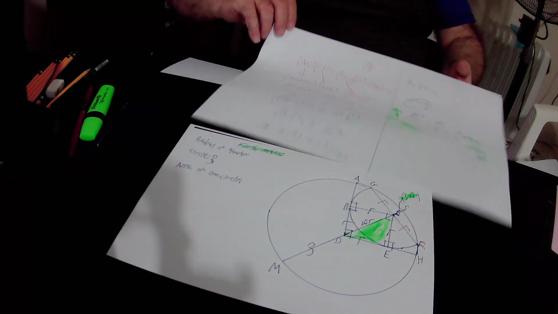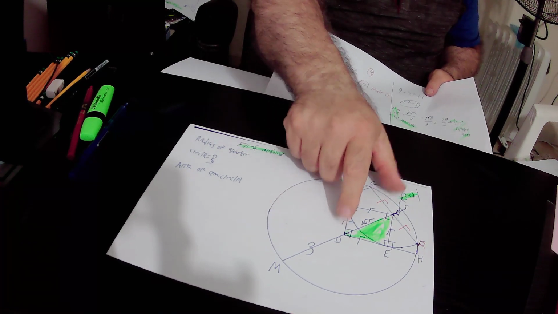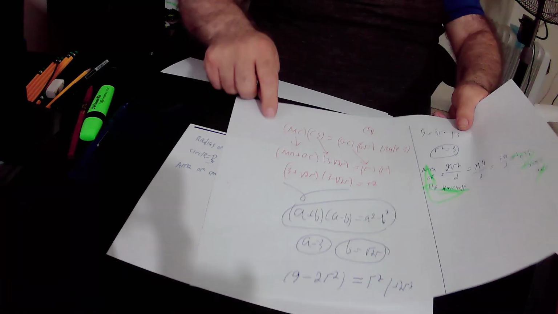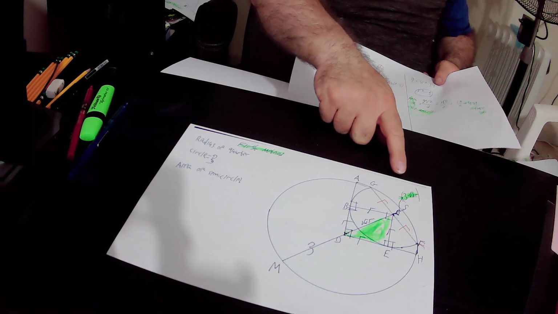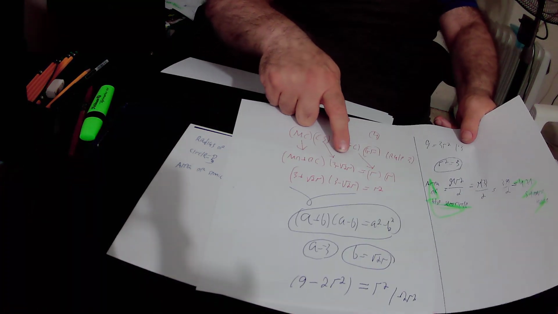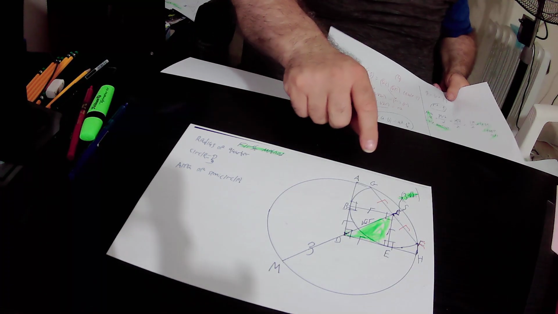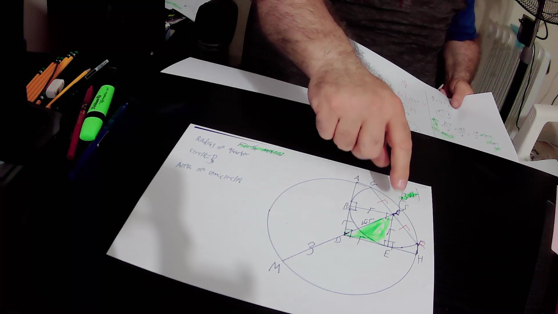Here, what is the value of MC? MC equals MO plus OC. We have already found out that CS equals 3 minus square root of 2R. GC, what is the value of CG? C is the center of the semicircle.